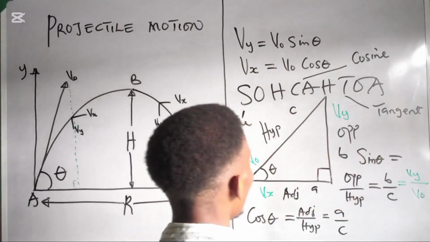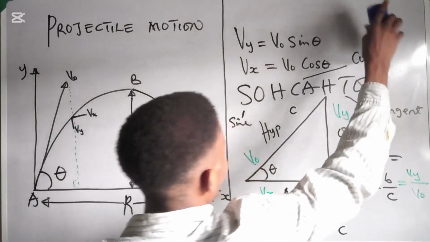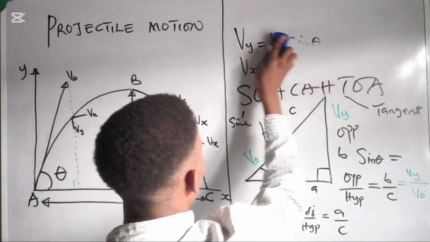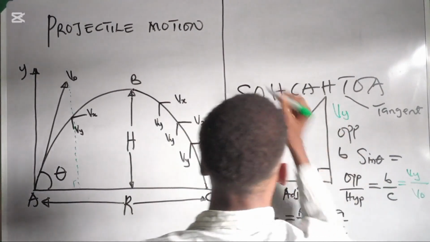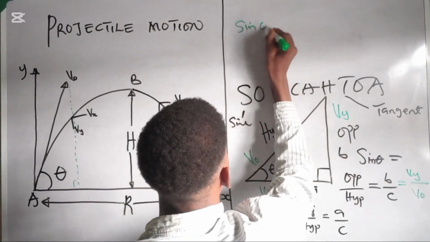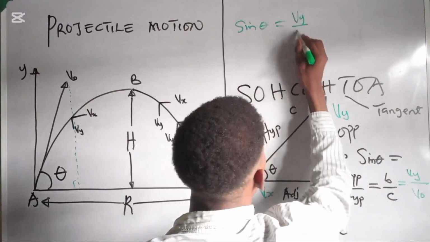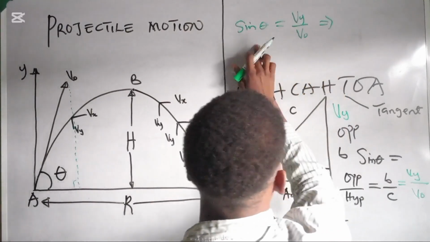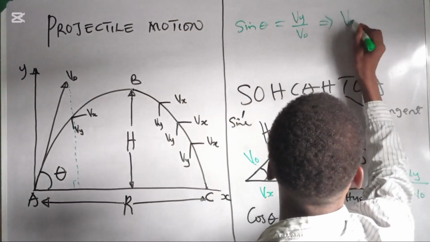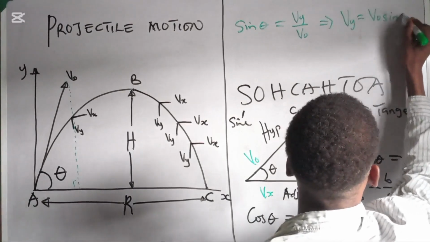So sine theta is equal to Vy over V naught. If you cross multiply, you have that Vy is equal to V naught sine theta.